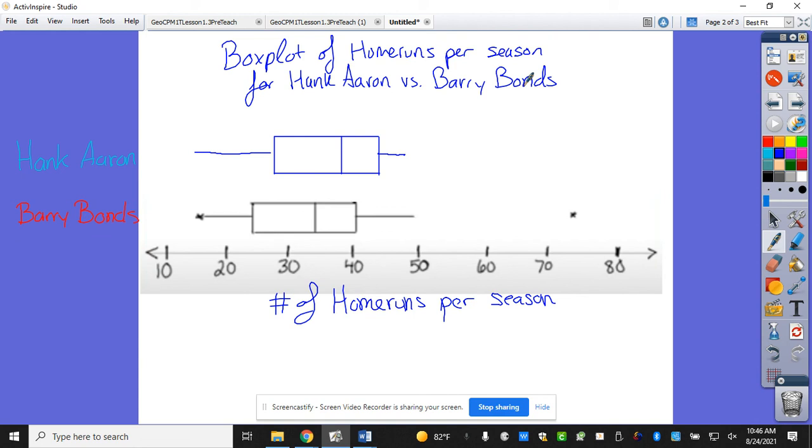It's like 16. So the interquartile range is 16. So we say what? What does that box represent? Middle 50%. So the middle 50% of his seasons, he scored within what? 16 home runs of the other seasons. Makes sense.